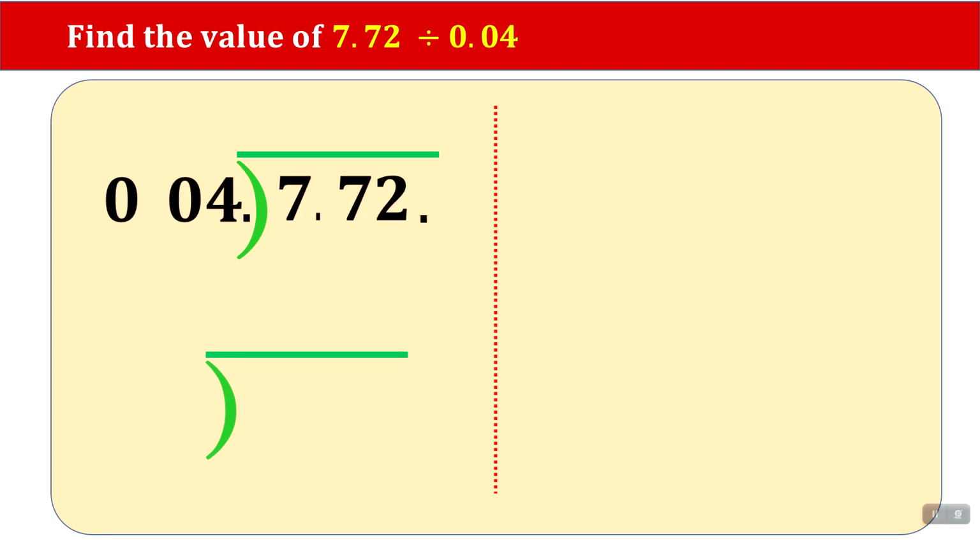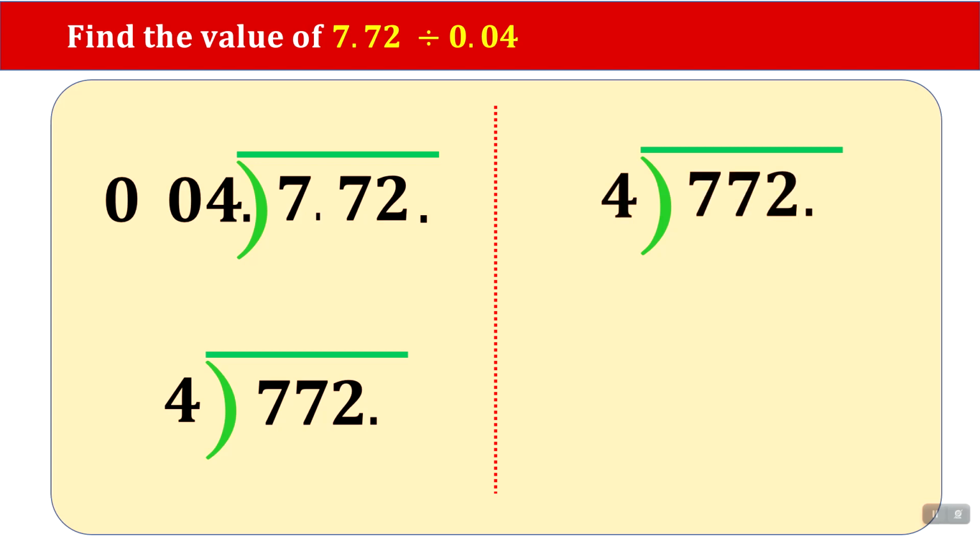And now we rewrite the question as 4 into 772, or 772 divided by 4. And now we can work this problem, and it will give us the same answer as if we divided the original problem.